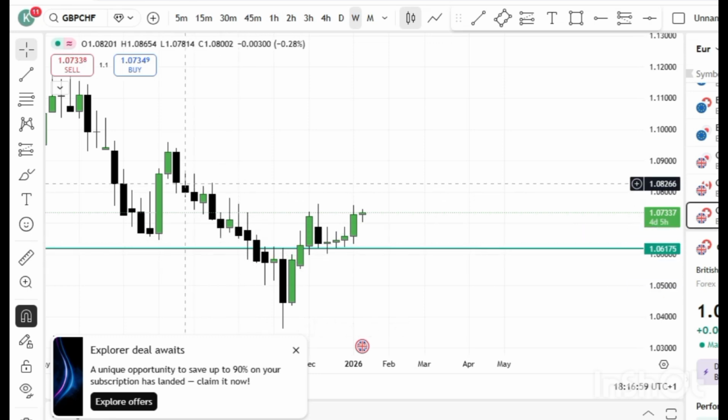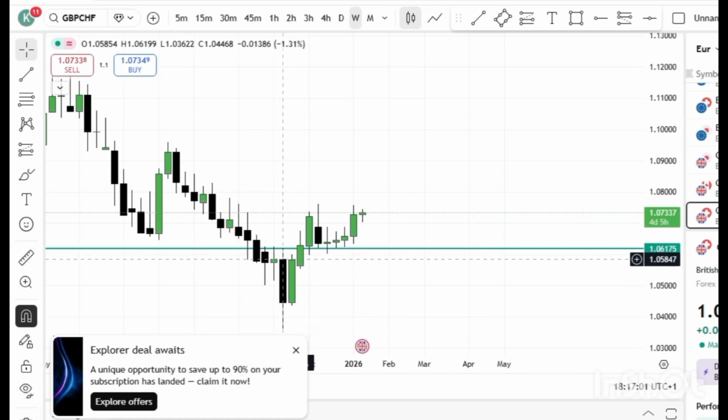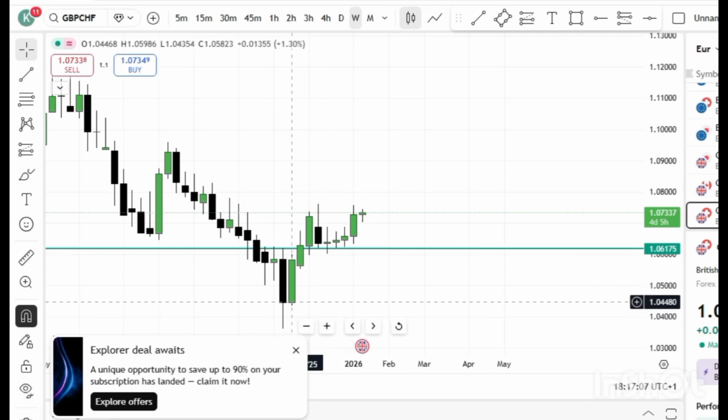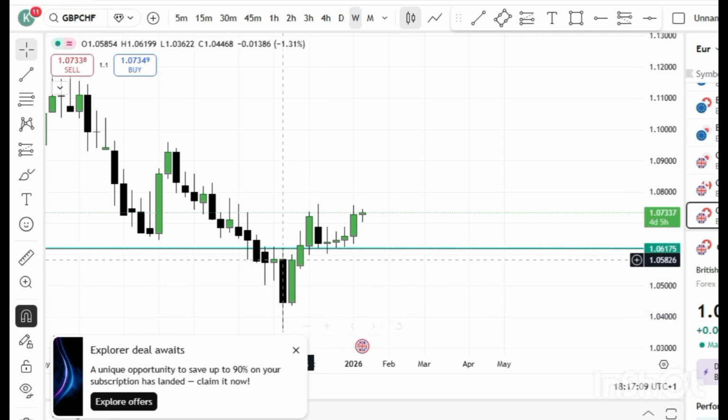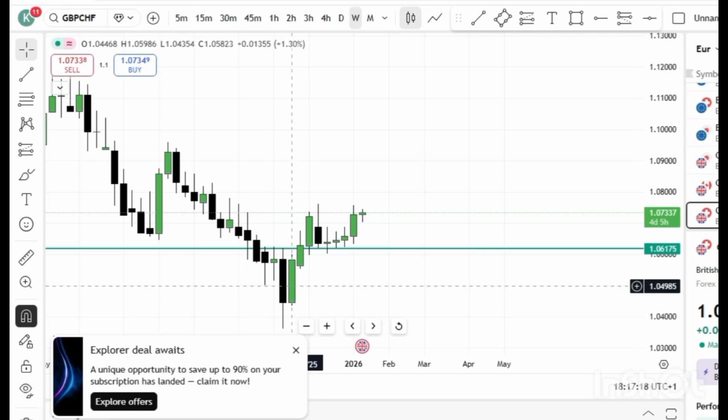Then we had this last down candle, and then we had a bullish candle, but this bullish candle did not close above this last down candle. So on the daily time frame, I will consider this a pullback.